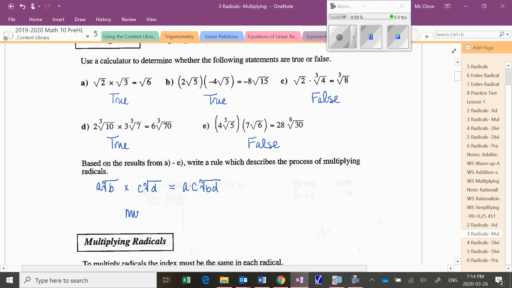So multiply the coefficients, and the radicands, and the index stays.